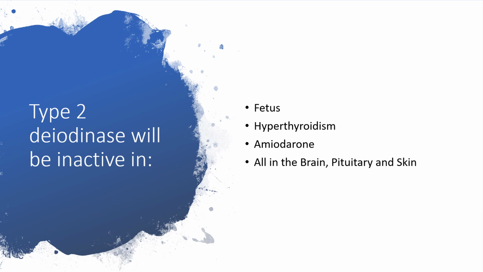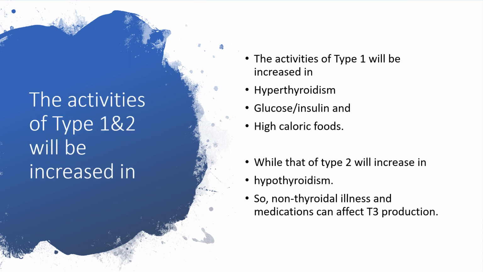Type 2 deiodinase will be inactive or ineffective in fetus. Hyperthyroidism, amiodarone, all in the brain, pituitary, and skin. The activities of types 1 and 2 will be increased under certain different situations.